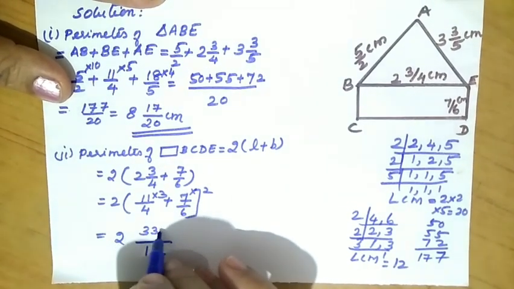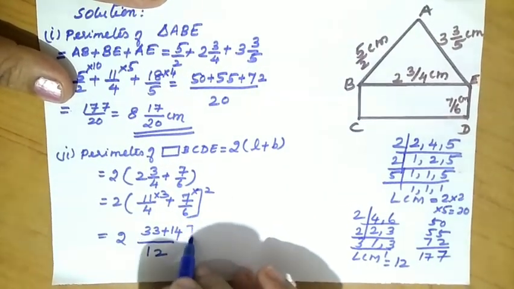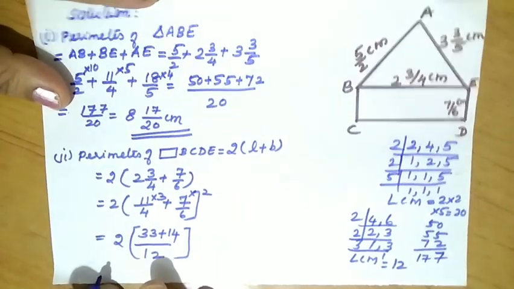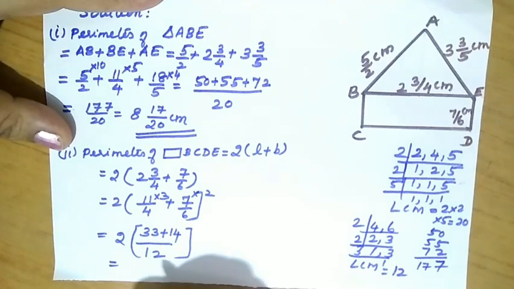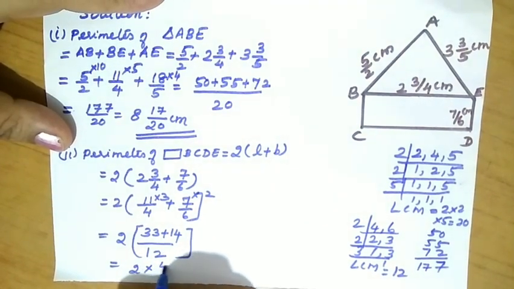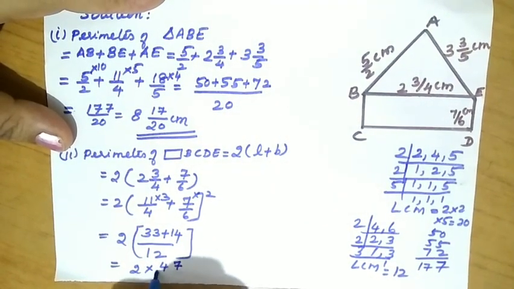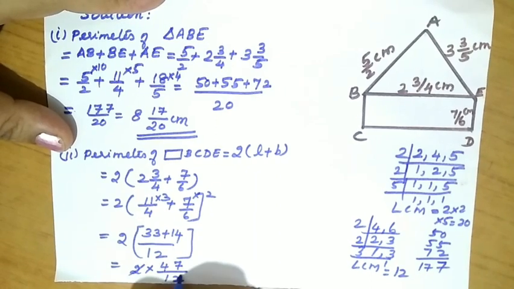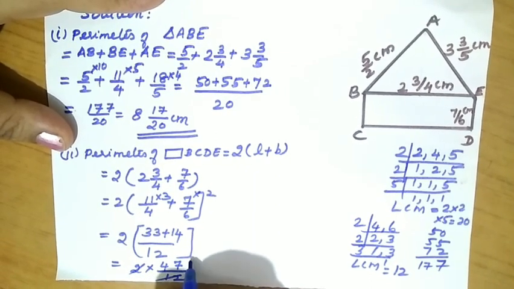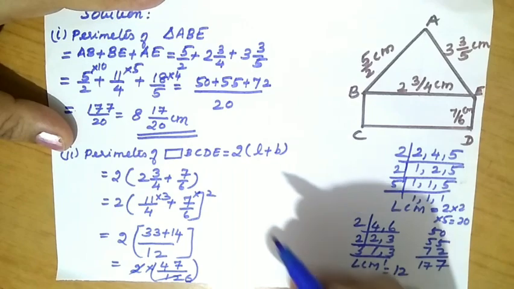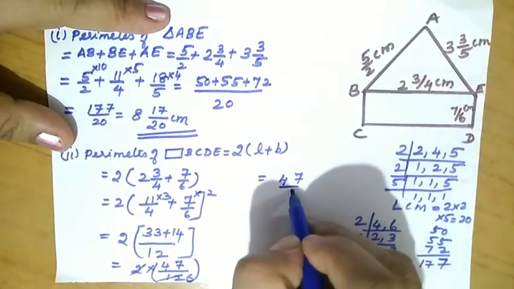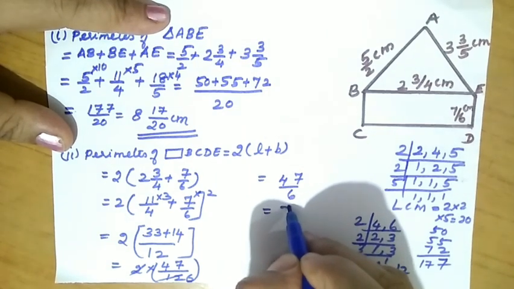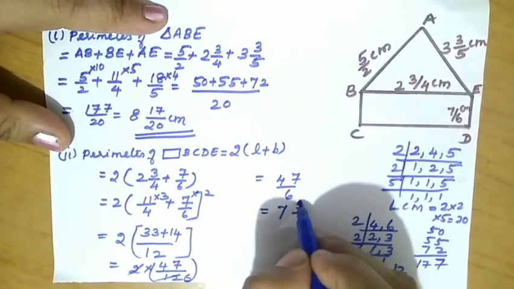So 33 plus 14. It is equal to 2 into 47 by 12. Cancel this 6. So equal to 47 by 6. 7 sixes are 42, balance 5.